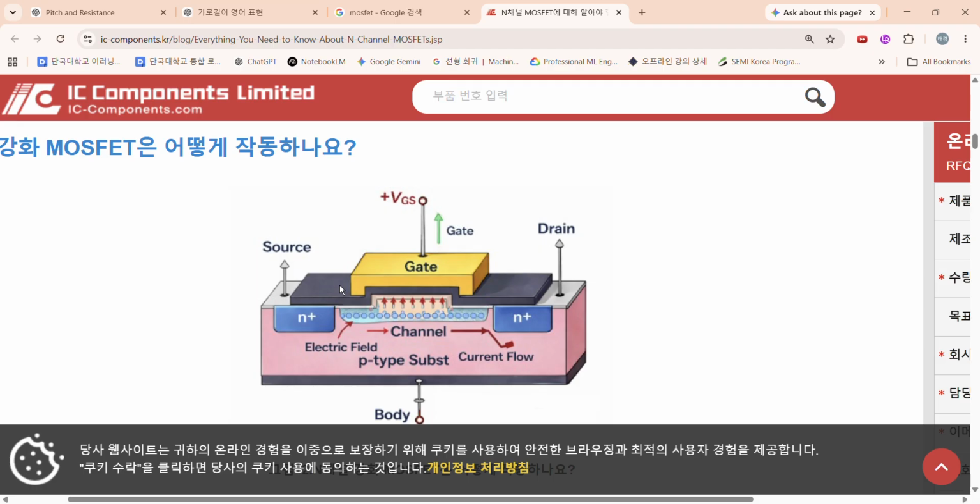Then we need to apply some voltages to the gate and drain.